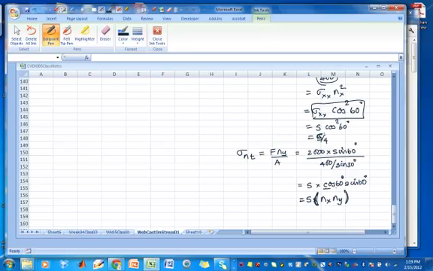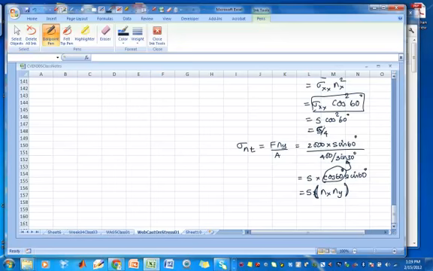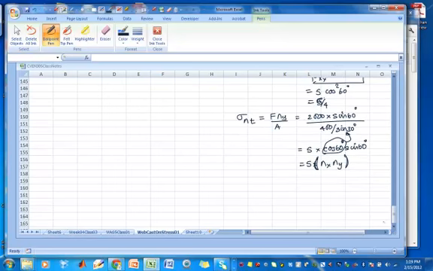How did I get cos 60? That's the same as sine 30. Okay, so remember, I'm going to write this in a nice way. So sigma equals sigma xx nx squared, tau equals sigma xx nx ny.